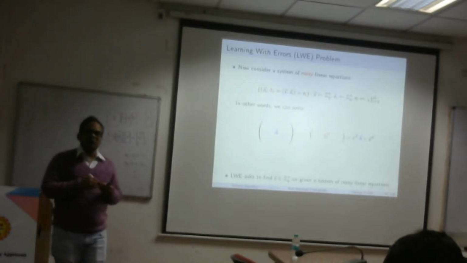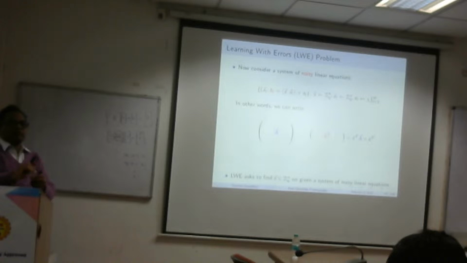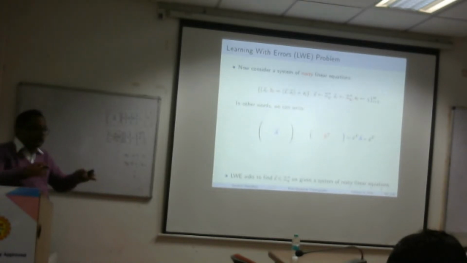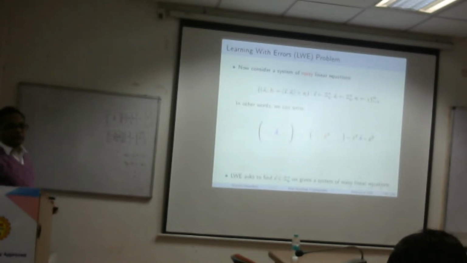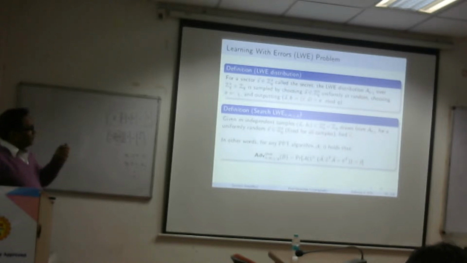AS plus E equals B, where every component of E is very small: either -1, +1 or 0. Or you can actually make E anything between -q and +q. So you can choose some value of E. Even for the smallest possible -1, +1, 0, this problem is hard.